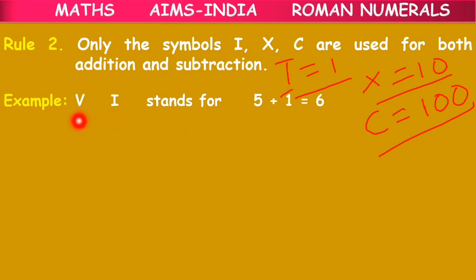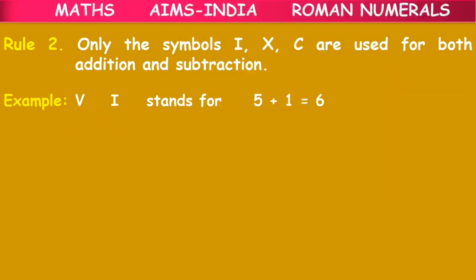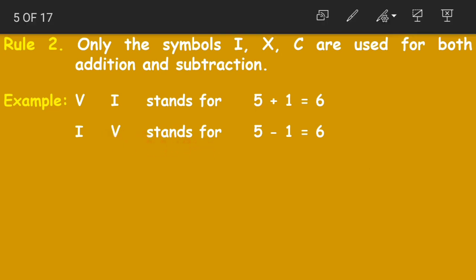For example, VI. As we discussed, what does VI stand for? V means 5, I means 1. So VI stands for 5 plus 1 is equal to 6. Clear, children? Then IV stands for, now look at the difference here. We have VI and here we have IV. The order is changed. I came first, V came next.